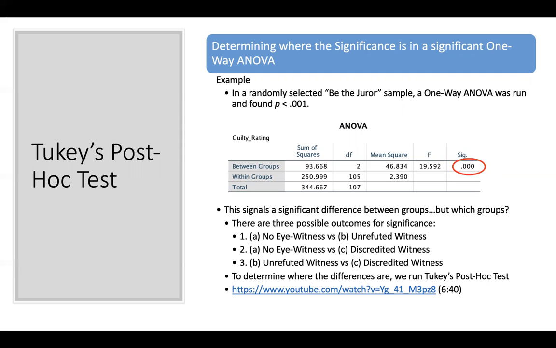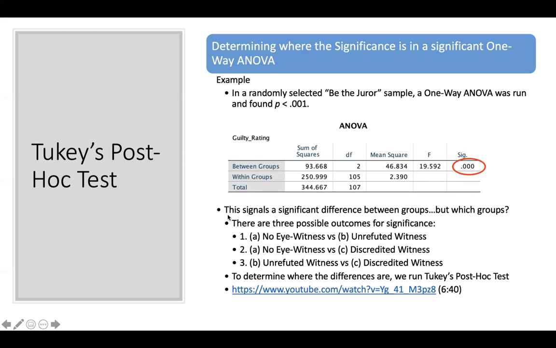So you can see the difference in this scenario between the no eyewitness group, the discredited eyewitness group, and the unrefuted eyewitness group. If we were to run a regular one-way ANOVA, which I've taught you before, on this data set, we would get the results right here, and it's significant. So there's a significant difference between these three groups, but there's three groups.